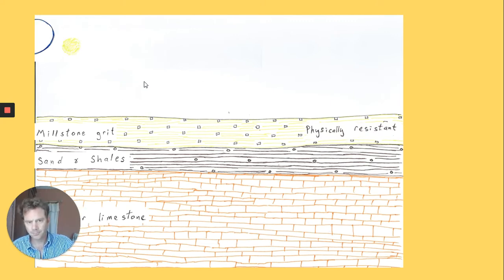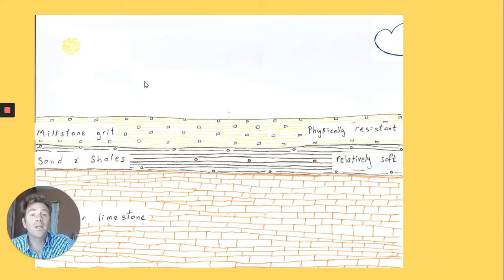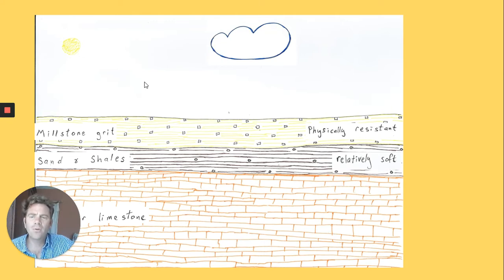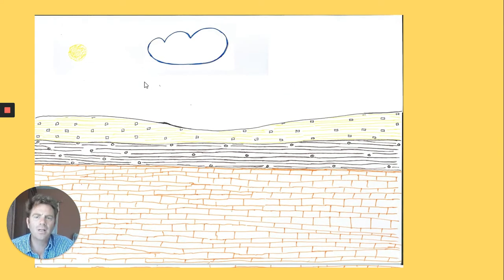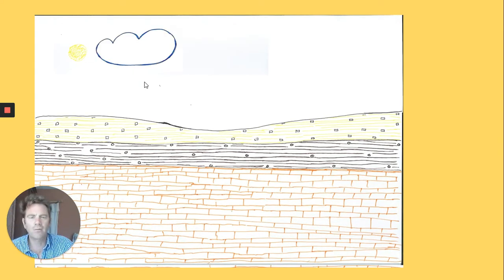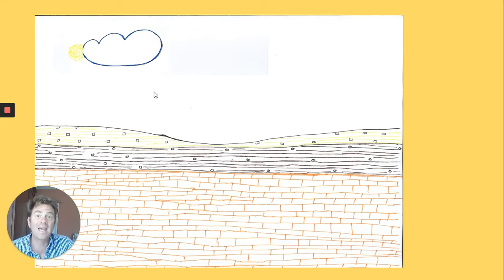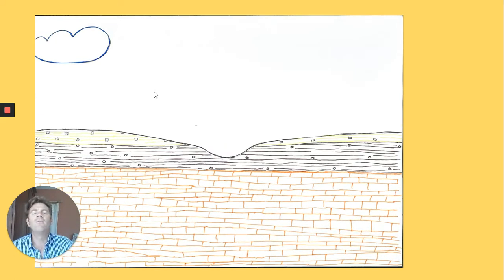So, what's going to happen? Well, it's up high, it's precipitating as rain. Rain will turn into rivers, and so even though the millstone grit is physically hard, it's eroding. Can you see I've kind of made it erode there? That erosion should be classic V-shaped valleys, and it is, okay? Vertical erosion, we're up high, plenty of potential energy for the rivers.